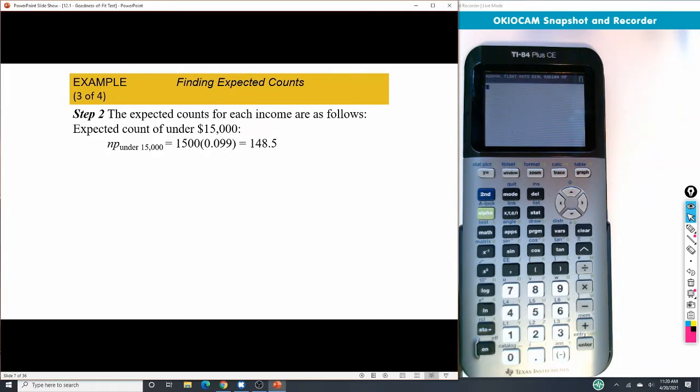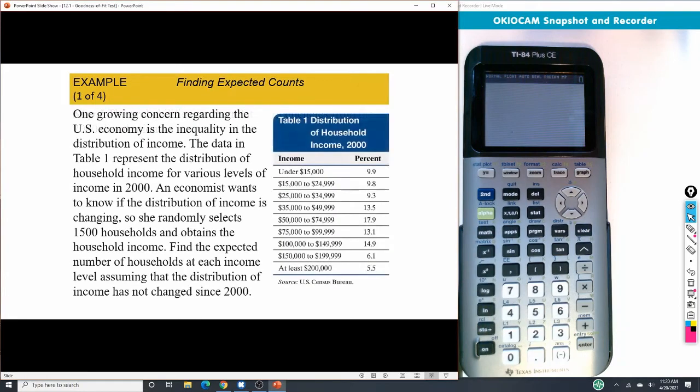So for the first category, we would do 1,500 times 0.099. The 1,500 comes from the number in our survey. If we go back and look at our problem, we can see it's not from the 15,000, it's from the 1,500 households in our problem.